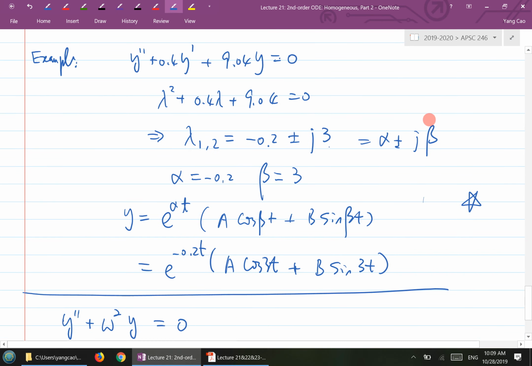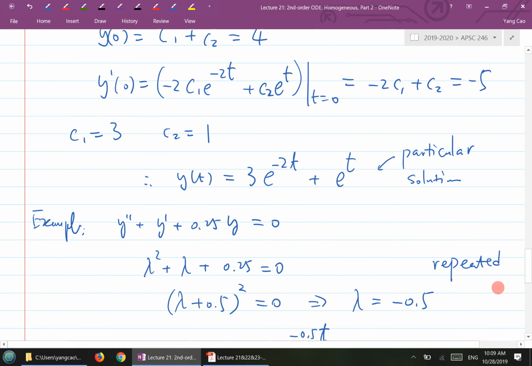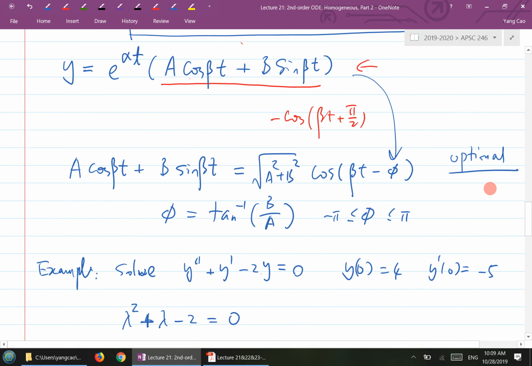But in the previous example, what do you expect the y to be as t approaches infinity? Yes, it will be 0, right? Because this is exponentially decaying. But this term here is just going to be constant oscillation, right? Because a cosine 3t plus b sine 3t, as I said, you can always write addition of two sinusoids into a single sinusoidal signal with a different amplitude.